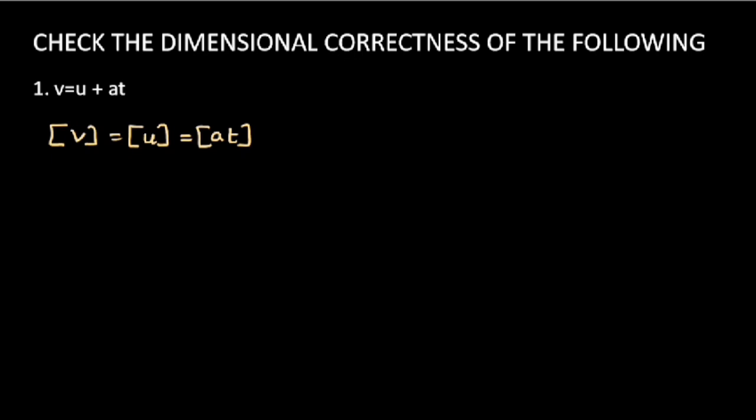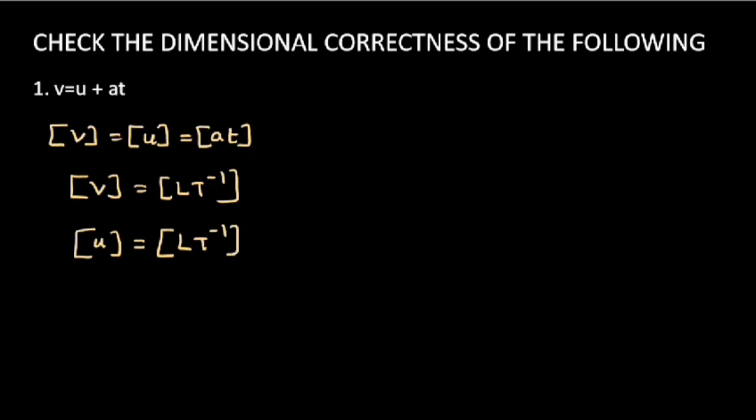We know that V is the final velocity, U is initial velocity, A is acceleration and T is time. What is the dimension of V? It is L T raised to minus 1. What is the dimension of U? We know that U is initial velocity, so the dimension will be L T raised to minus 1.